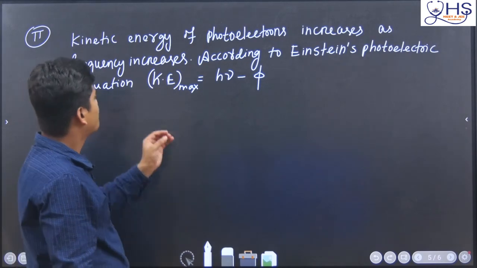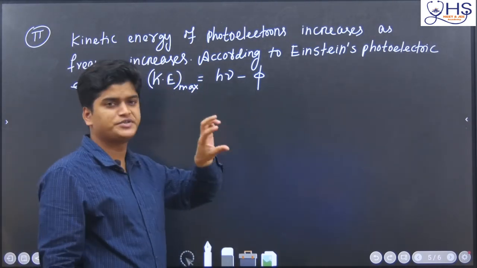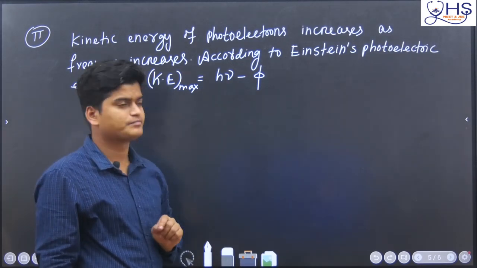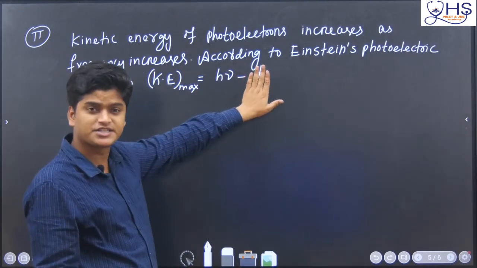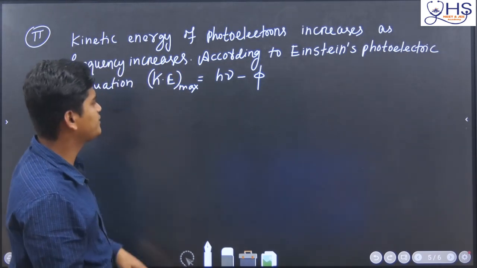So, whenever frequency is increasing, the energy of the incident photon is increasing, the h nu term is increasing as nu is increasing. Since phi is fixed already, the kinetic energy will become more. So, here kinetic energy increases.